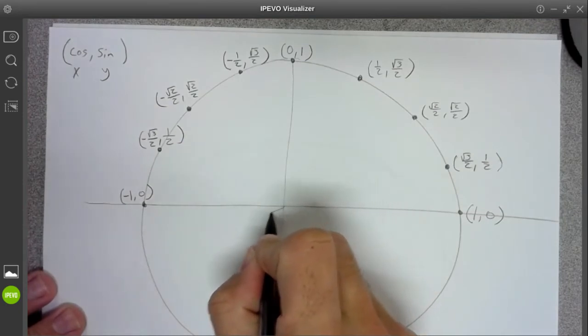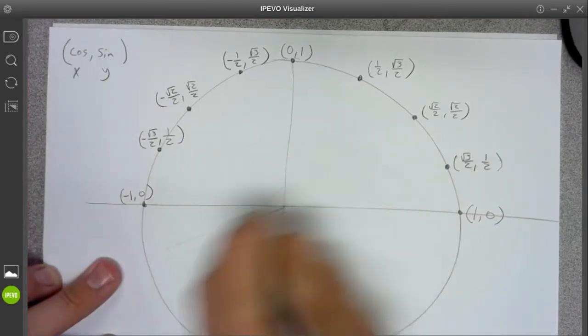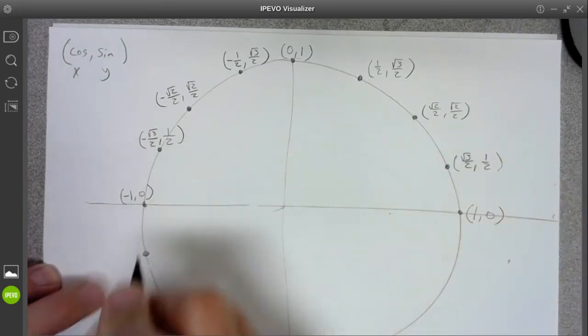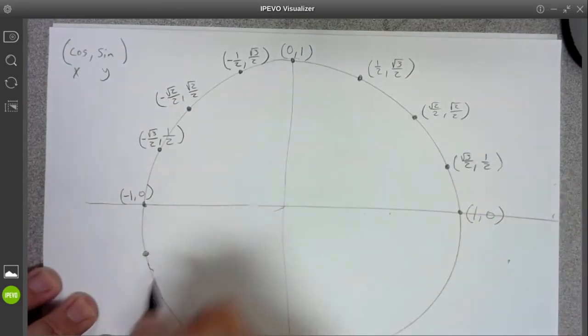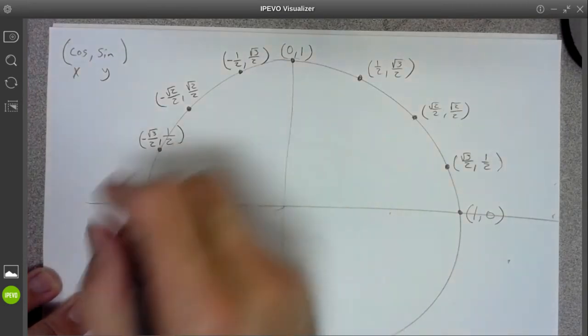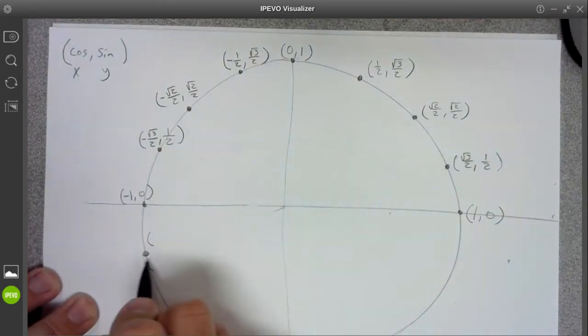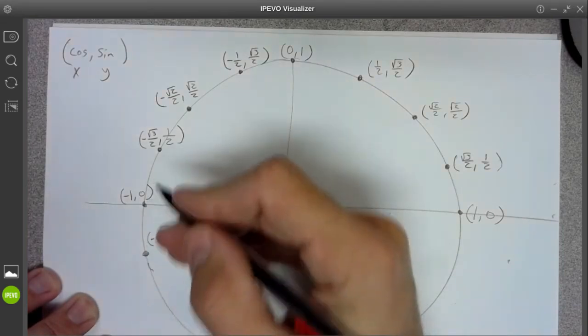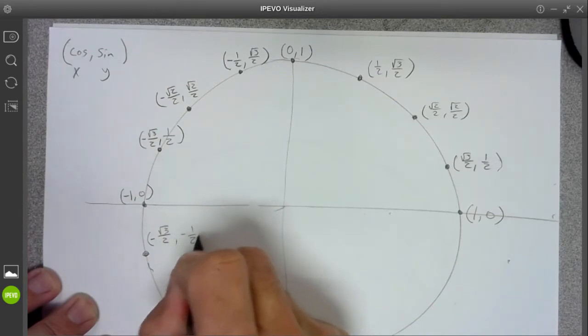This time I just need to draw the point. There it is. The coordinates here, by the way, are all going to be negative, quadrant 3. It's to the left a bunch, so that's negative root 3 over 2, and it's down a little, so negative 1/2.